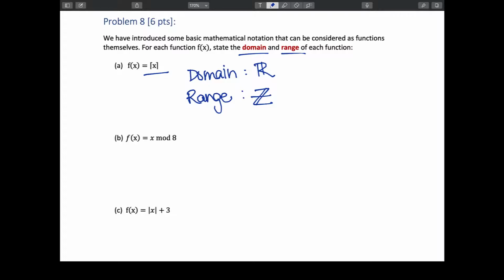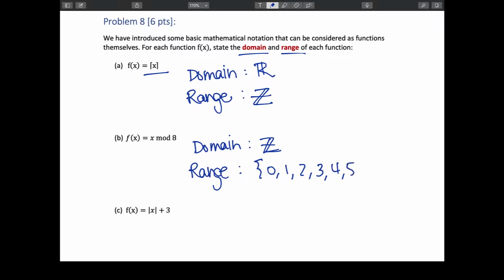And if we're taking a number mod 8, we can start with a domain of all integers, positive, negative, but our range is always going to be in the set 0, 1, 2, 3, 4, 5, 6, and 7.